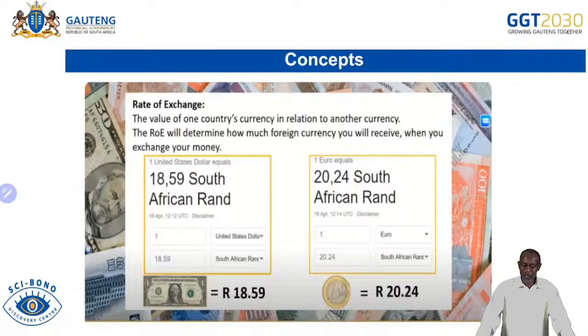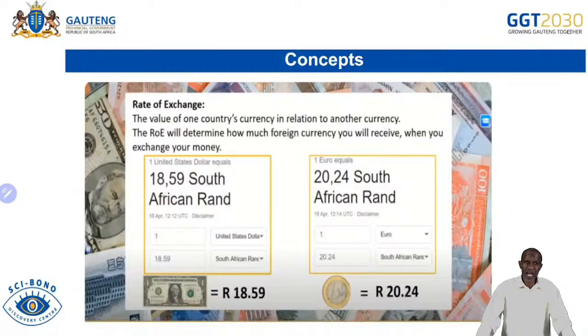If you have €1 and want to exchange it into South African rand, it will be equivalent to 20 rand 24. So as with the dollar, the rate of exchange, $1 will buy 18 rand 59 when we convert it to South African currency. So this is the rate of exchange.